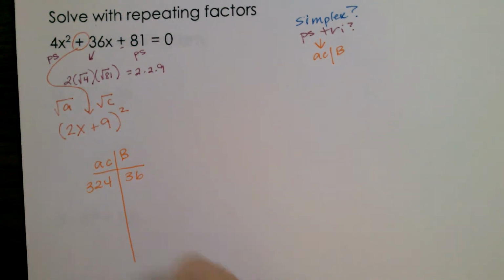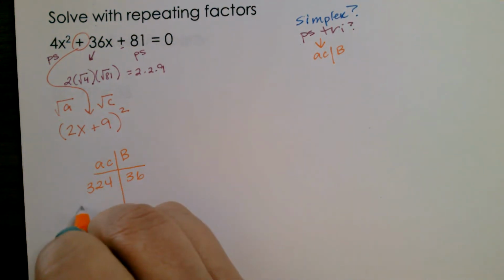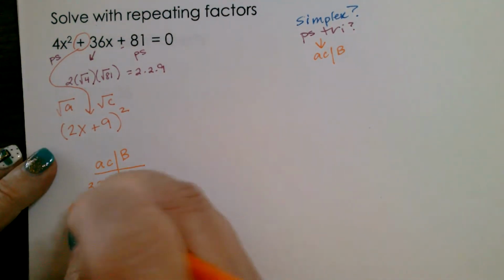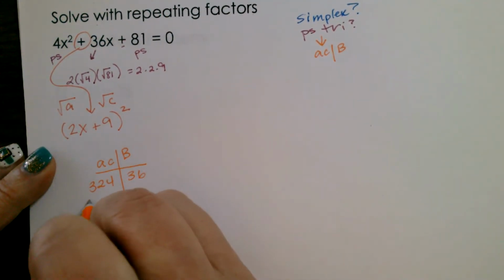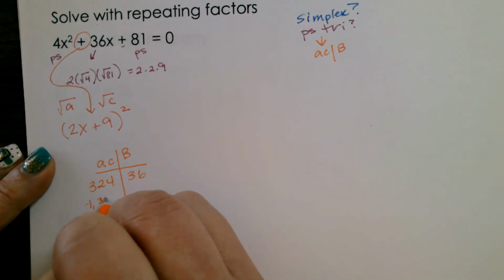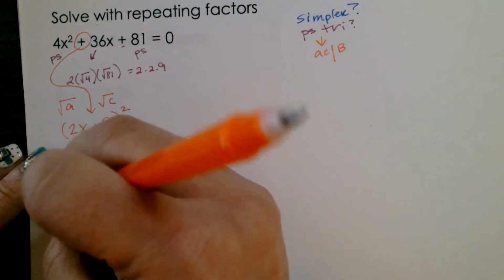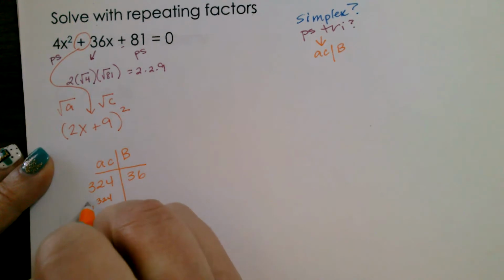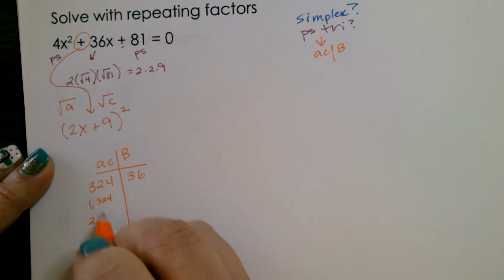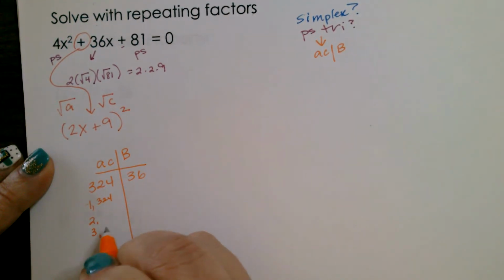Well, I'm going to have to take a minute. I didn't work this one out in advance. So I'm going to work on the ACB chart a minute, and I know we'll be like, oops, not negative. My sideways 1. 1 and 324. That's too much. 2, 3 goes in there, and so forth.